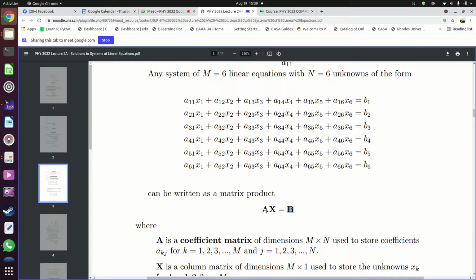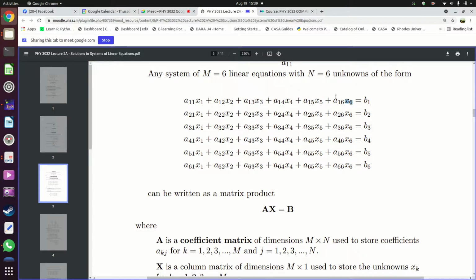Now in this case, matrix A is going to be the matrix of coefficients, these A coefficients, A11, A12. All these coefficients with their rows and columns, we will put together in one matrix. Are we clear? So that's what matrix A is going to be: our matrix of coefficients. Then matrix X is going to be a column matrix of the unknowns: x1, x2, x3, x4, x5, x6.